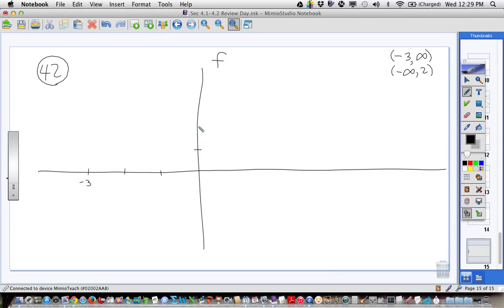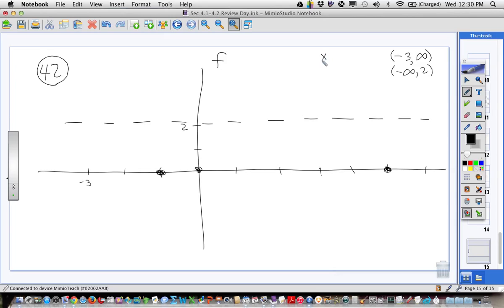So this graph will not go above 2. All right, what else does it say? f of 5 equals 0, f of 0 equals 0, and f of -1 equals 0. So this graph is going to go through those points right there.